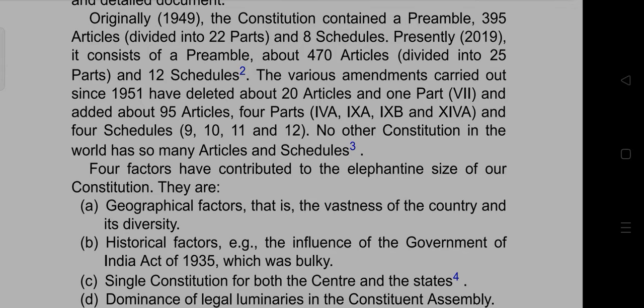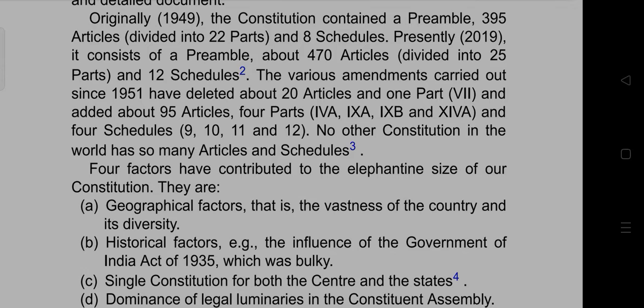The various amendments carried out since 1951 have deleted about 20 articles and one part, that is Part 7, and added about 95 articles and 4 parts, that is 4A, 6A, 9B and 14A, and the 4 schedules 9, 10, 11 and 12. No other constitution in the world has so many articles and schedules.